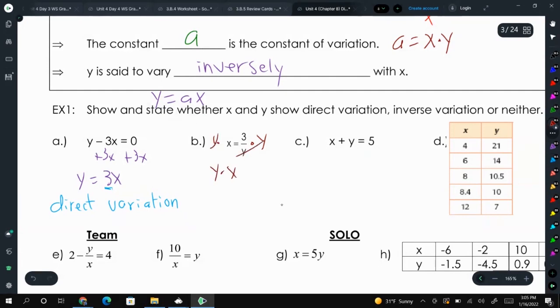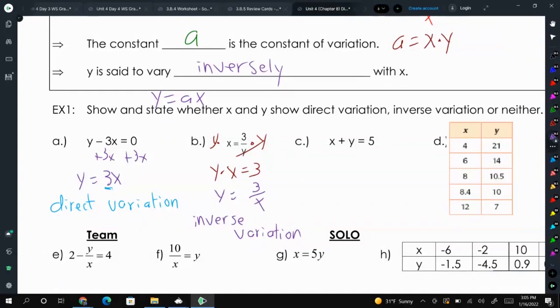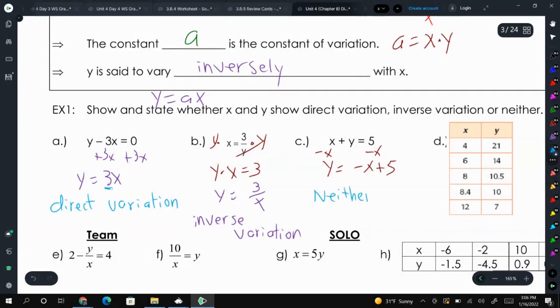You get y times x equals 3. Then divide both sides by x, you get y equals 3 over x. So we have a number divided by x, which means this is inverse variation. Now, letter C, once we get y by itself, is y equals negative x plus 5. Well, we have that plus 5 sitting out there, so this is neither.